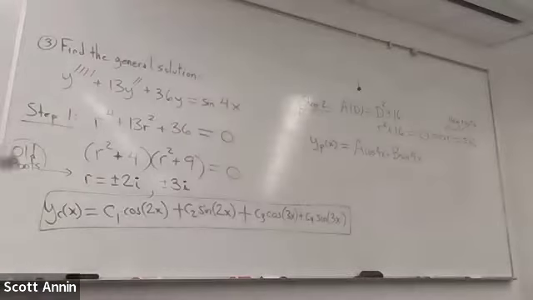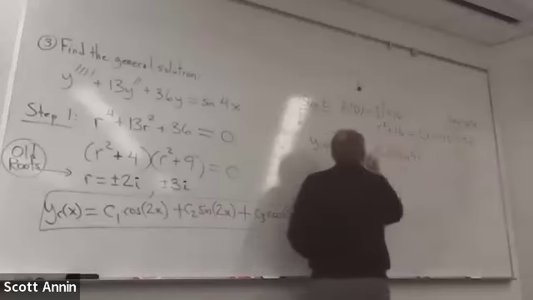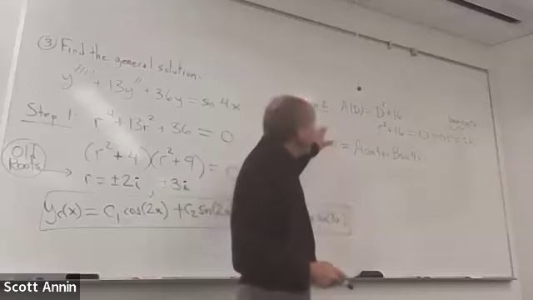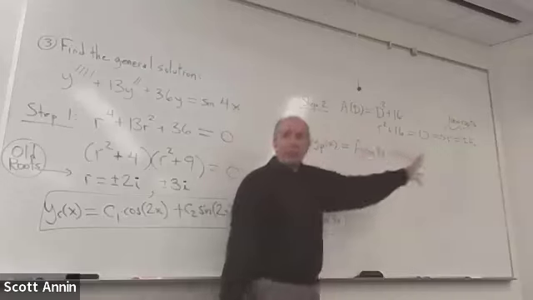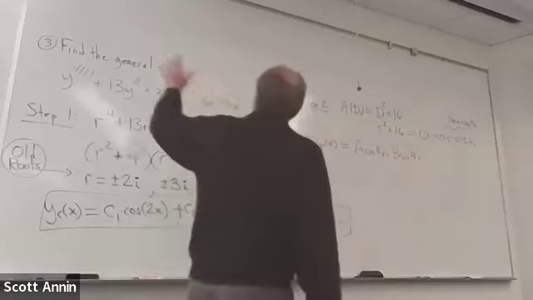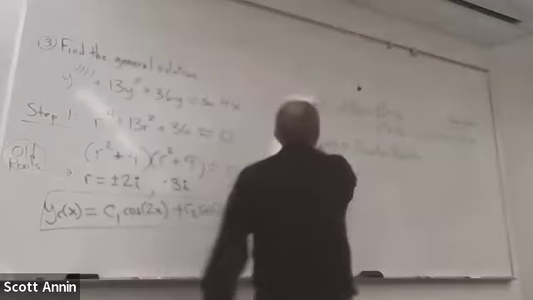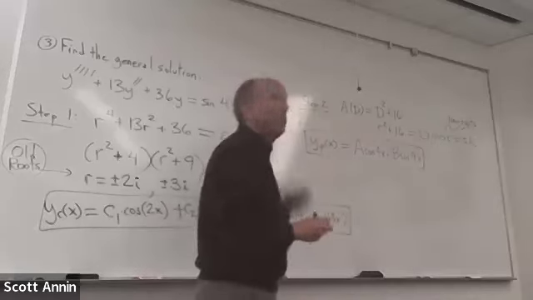The A's and B's, and any other letters here, have values that we can find. Now, this is what I call the form of the particular solution. If the question says to just find the form of the particular solution, you would just write this down and you would be done with step 2.